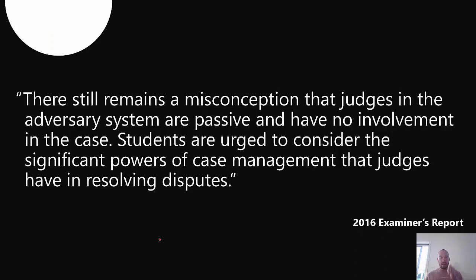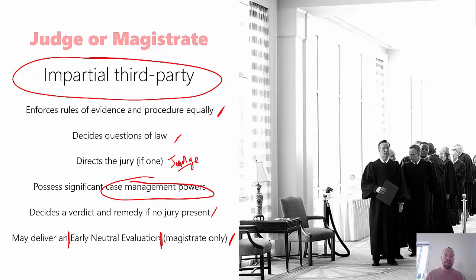So, case management. Now, this was a really important note in the 2016 examiner's report, because up until then, the primary teaching point around the judge or the magistrate was we just drove home this idea that a judge or a magistrate is an impartial third party.